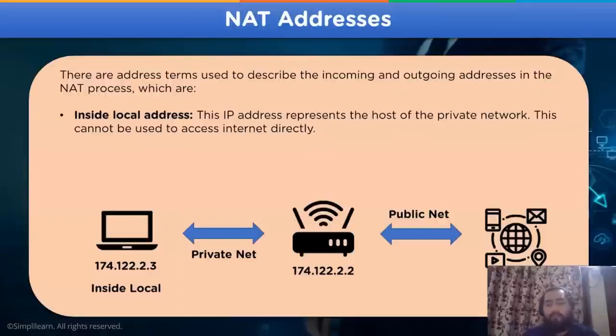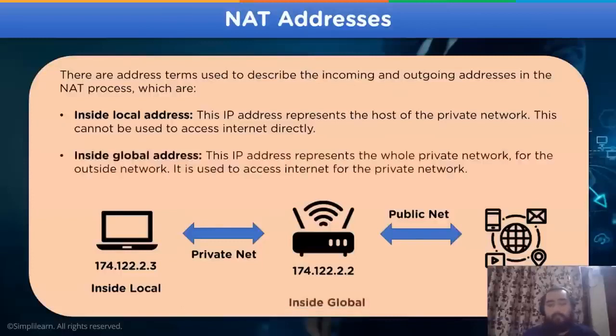When the router receives this private network ID, it converts it to the public network address, which is known as inside global address. This IP address represents the whole private network for the outside network and is used to access the internet for the private network.